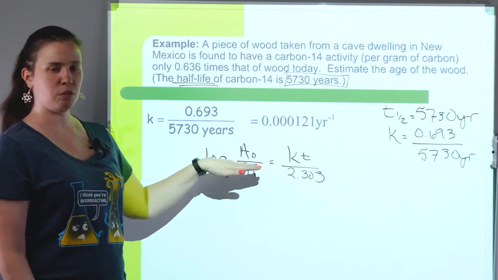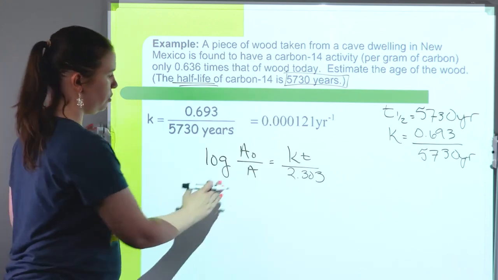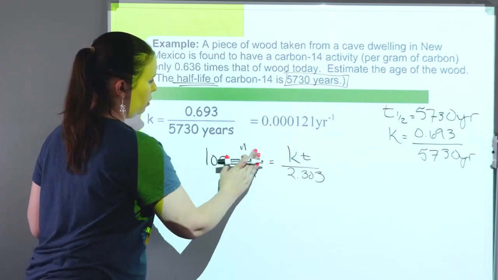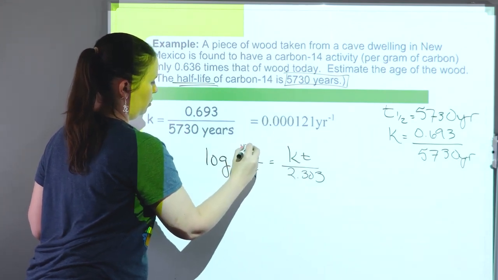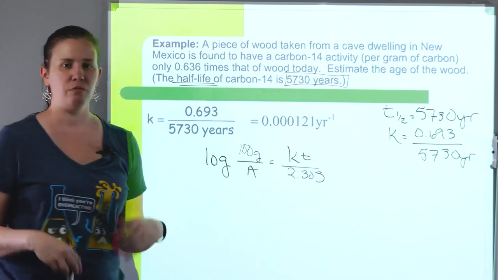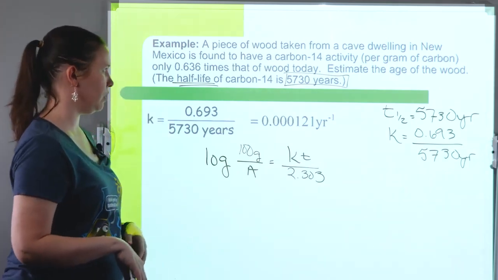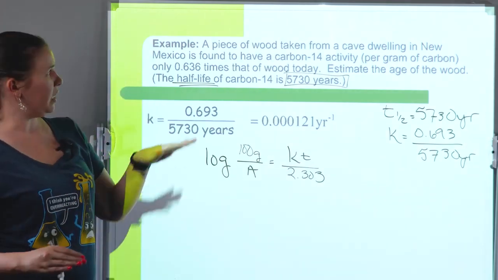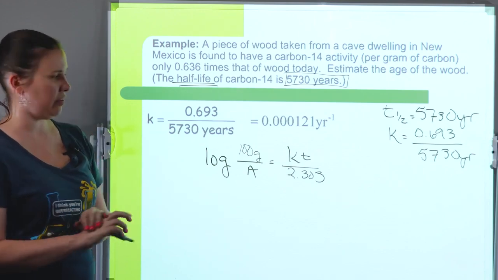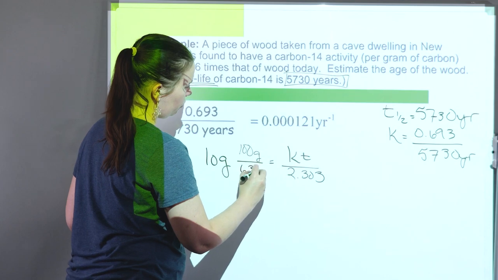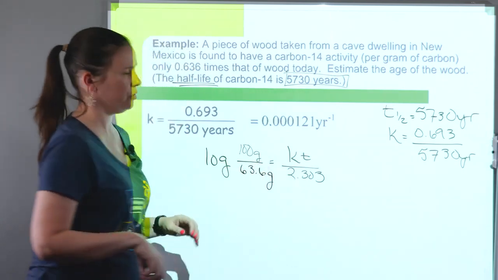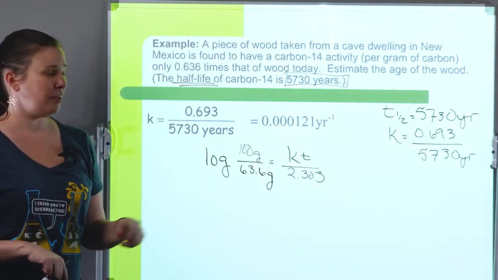So we've made an assumption before for original amounts or total amounts. What if I said I had 100 grams? If I started off with 100 grams, and then later on I had 63.6% of that, later on that amount would be 63.6 grams.